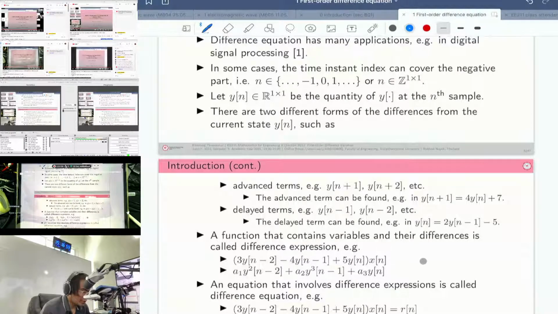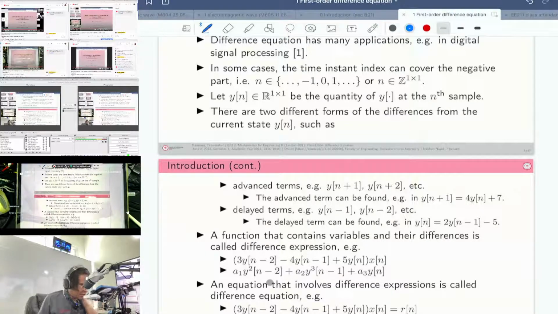Now we will take a look at different forms of difference. A function that contains variables and their differences is called a difference expression. For example, you have yn minus 2, yn minus 1 and yn. It depends on n, but different order, and it's multiplied by xn.